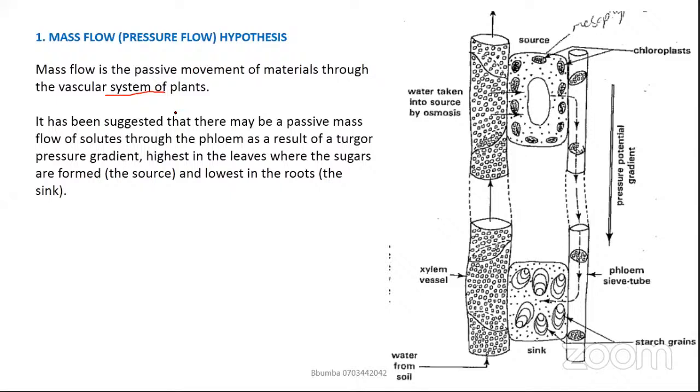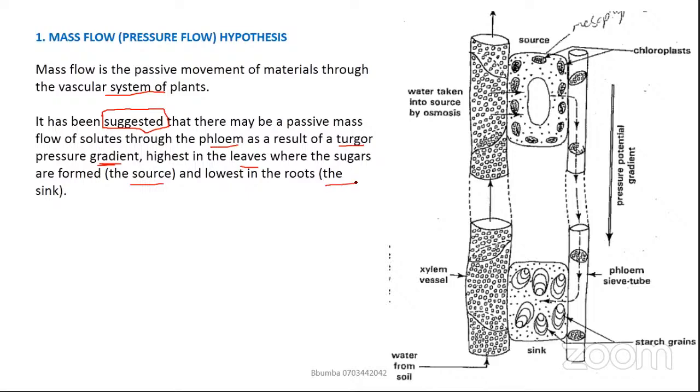It has been suggested by the scientists, and the lead scientist was Munch, that there may be a passive mass flow of solutes through the phloem as a result of a turgor pressure gradient. I want you to take note of that phrase, turgor pressure gradient. That is highest in the leaves where sugars are formed, which they call the source, and lowest in the roots, that is the sink.